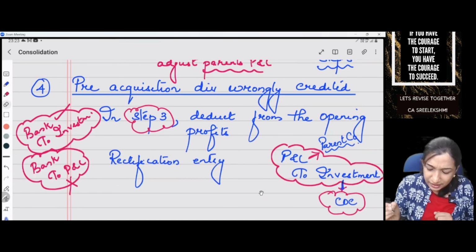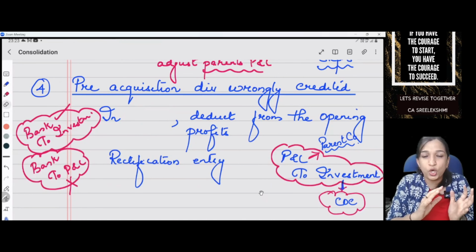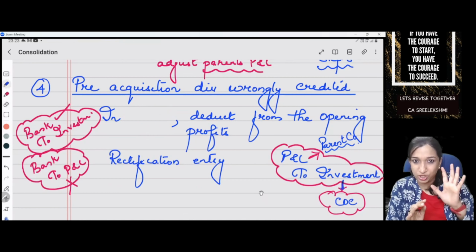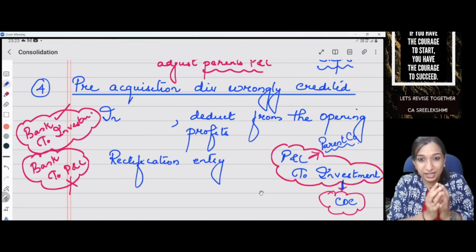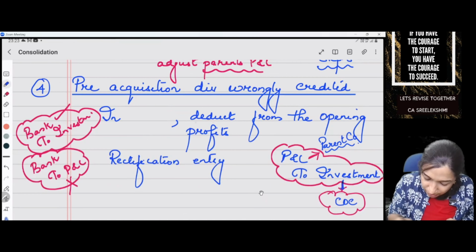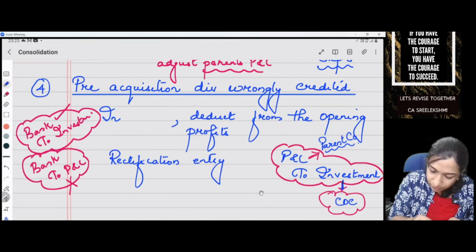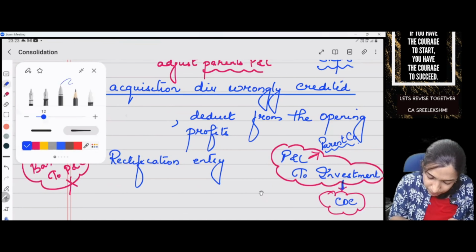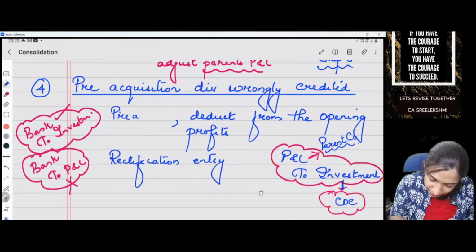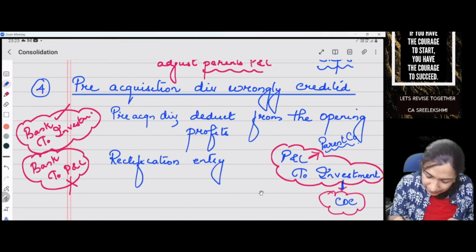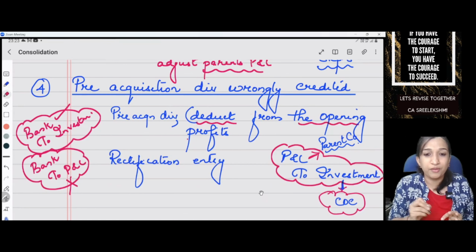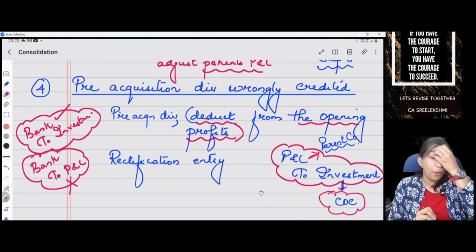Okay. And when you identify the capital profits or pre-acquisition profits, the question always says this is the total profits on the date of acquisition. The pre-acquisition dividend is to be deducted from the opening profits.